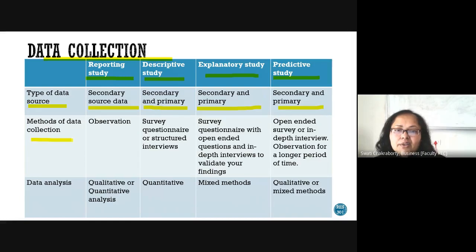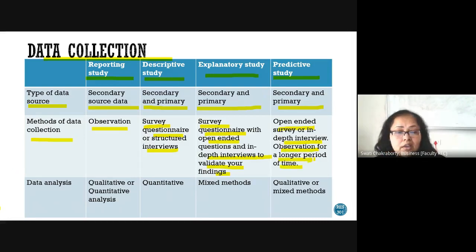Methods of data collection under reporting is observation. Descriptive study is survey, questionnaire, structured interviews. For explanatory study, it's survey questionnaire with open-ended questions, and in-depth interviews to validate your findings. Predictive study is open-ended survey or in-depth interview, observation for a longer period of time.